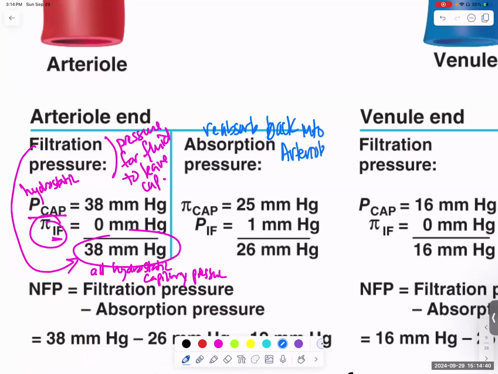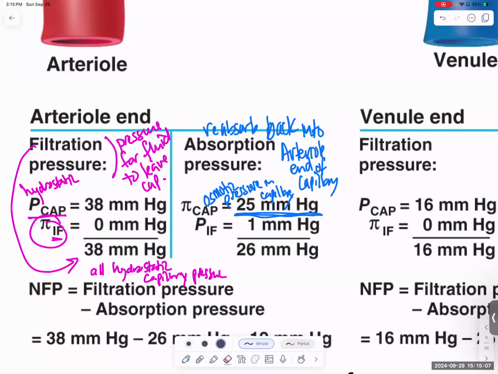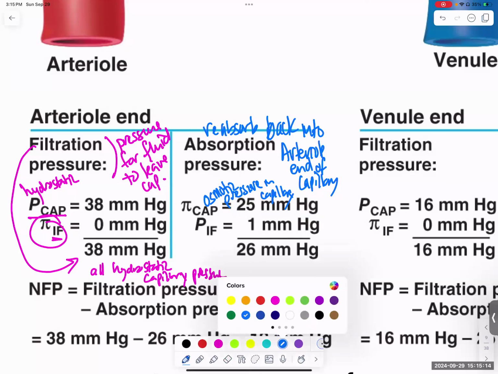Arterial end of the capillary. There's plasma proteins exerting osmotic pressure in the capillary. And it's 25 millimeters of mercury. The hydrostatic pressure is a little bit pushing fluid back into the capillary. But when I say a little, I mean a little.